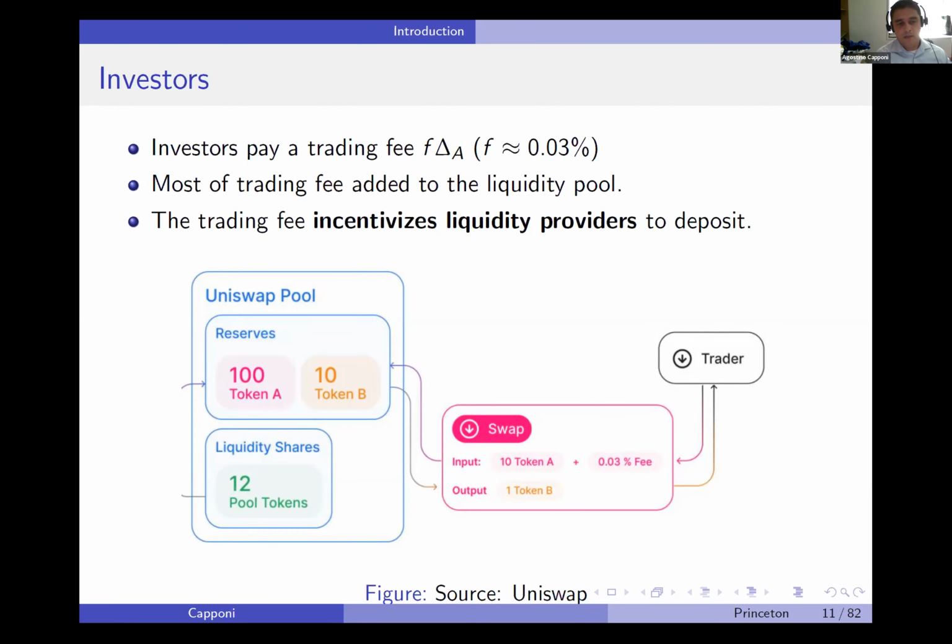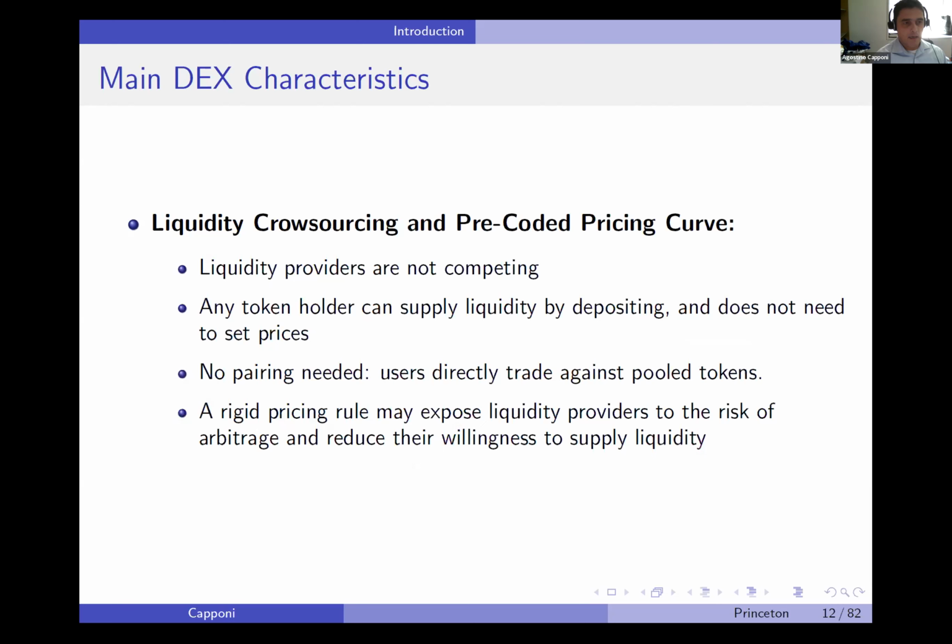That's the only reason why liquidity providers want to deposit in the first place, because they hope that through the volume of transactions submitted by traders, they will be able to increase their value. Okay. So these are the main characteristics of the decentralized exchange.